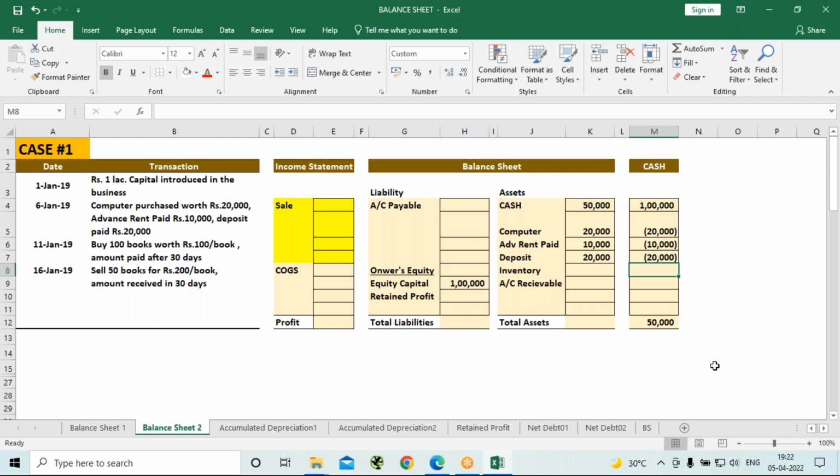On the liability side, accounts payable will be 10,000. It will equal 100 into 100, which is 10,000. Very good.